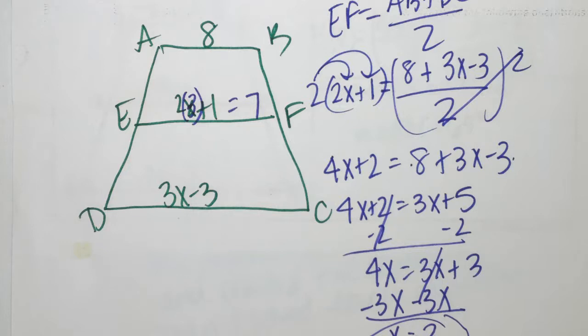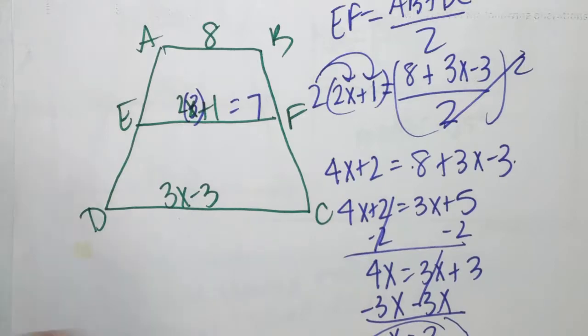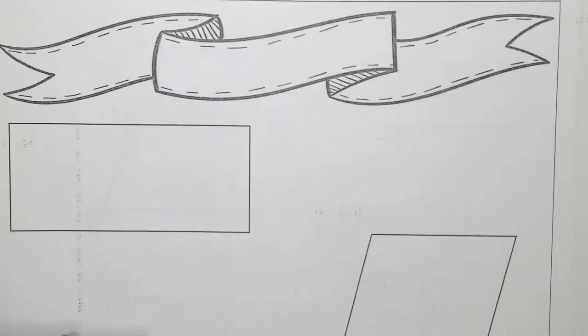A little bit? Okay. Now, you see the sheet that has all the different shapes on it with the scrolly thingy at the top. This sheet right here.